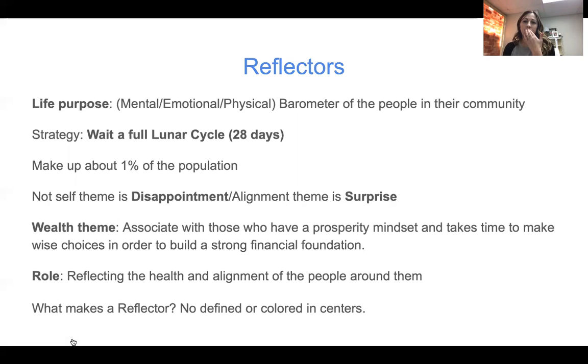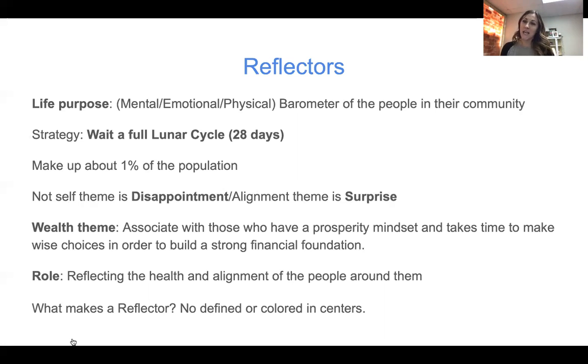And my business partner, Aubrey, is a reflector, and it's been really interesting for me to witness what she experiences. And just like a projector, they take in so much energy because they have so many open spaces. So I guess we should say what makes a reflector is they have no defined or colored in centers. And so they are literally wide open.